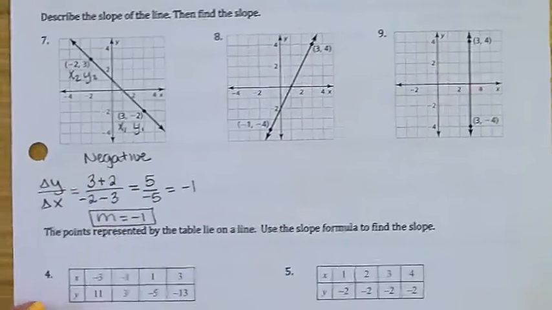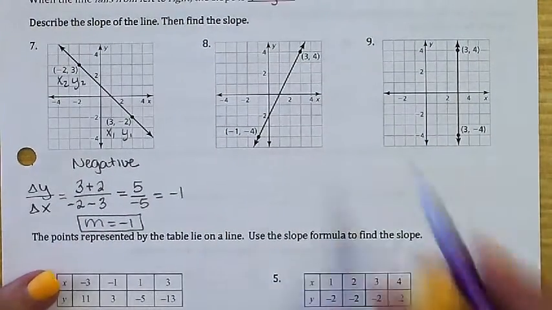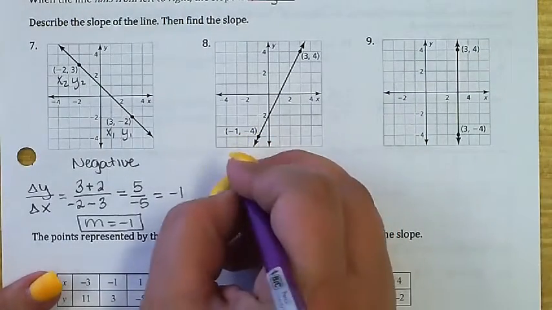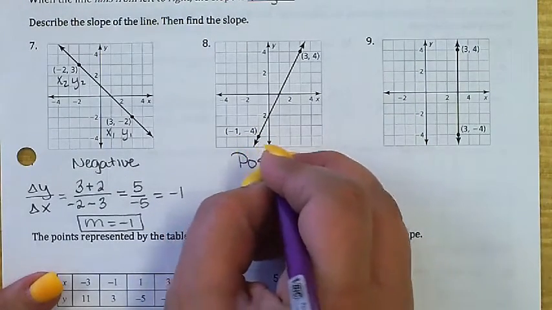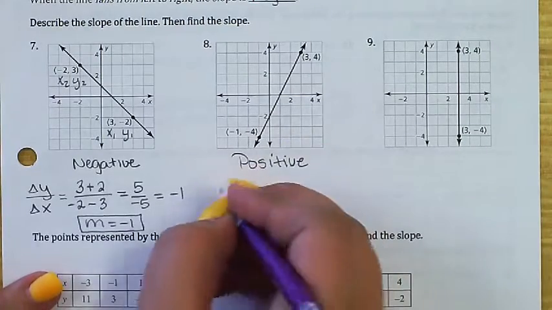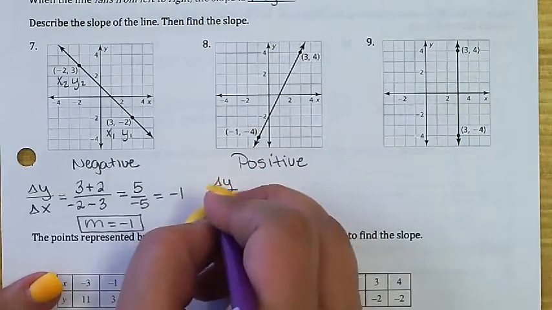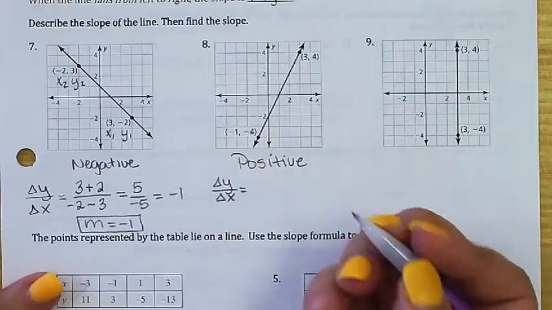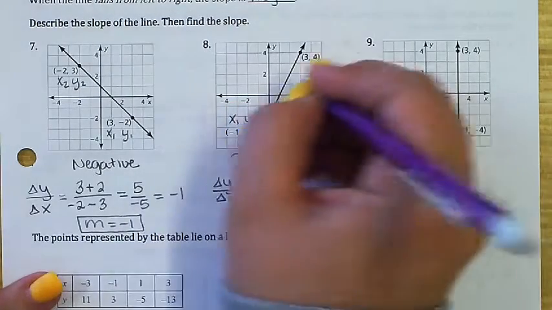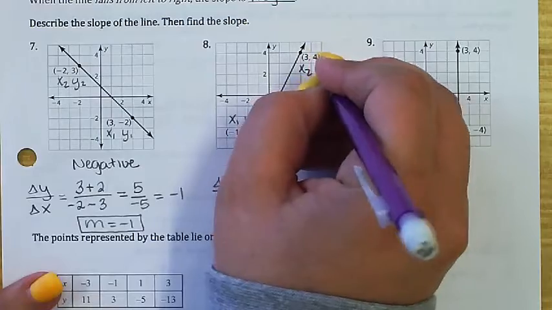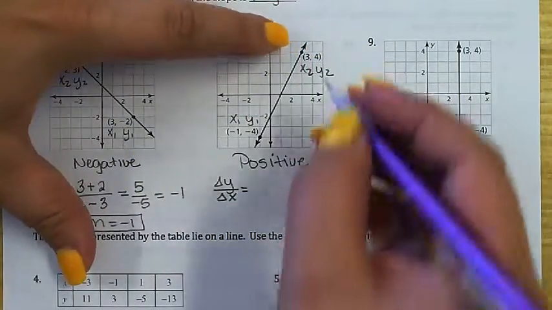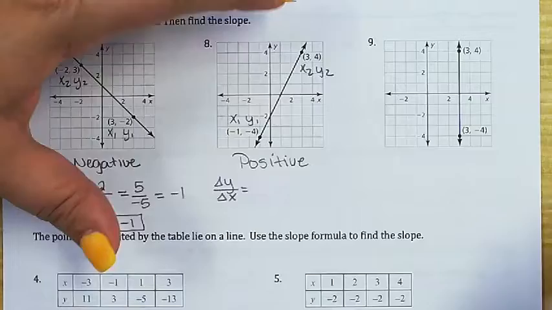And there it is. Okay, let's try it for this one. Is it going upward or downward from left to right? I think we can agree that is a positive line. Okay, and then to do our change in y over change in x, we're going to do that y2 minus y1. So again, it doesn't really matter which one you label what. This could be your first point, as long as you are consistent. Okay, so we might say, all right, we're going to make this the first point, that the second point.